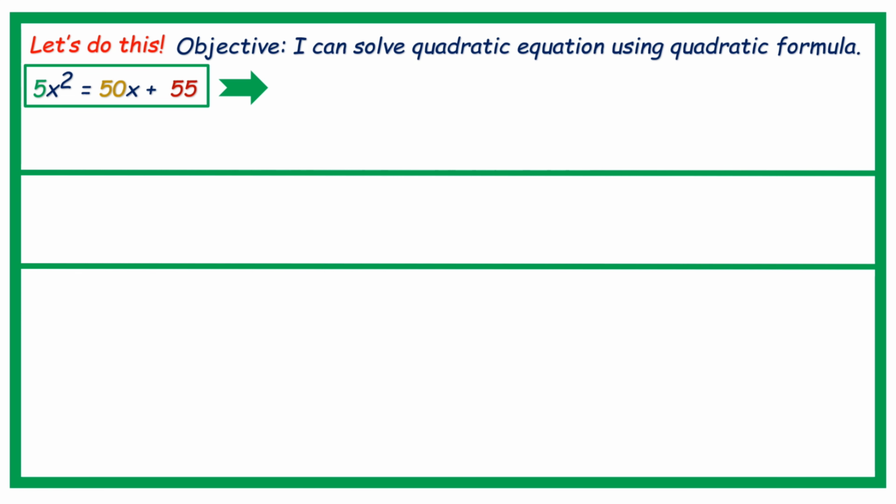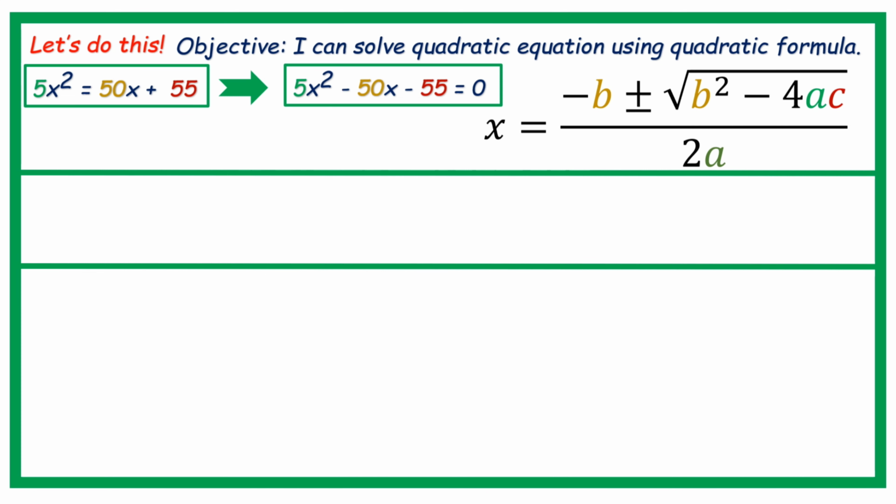It's easy. We're just going to transfer the numbers to the left side. But don't forget, when you do that, the sign will change. So our answer here will become 5x squared minus 50x minus 55 equals 0.